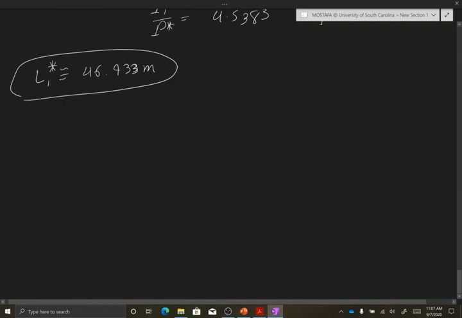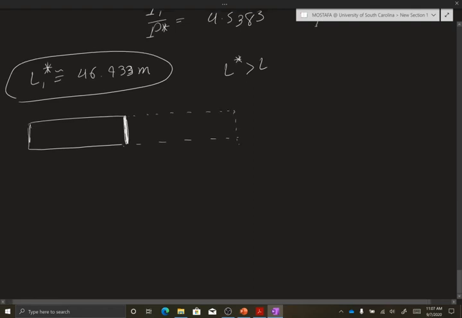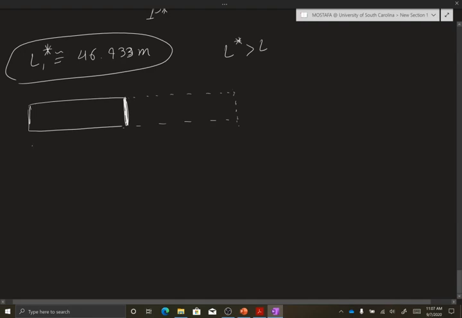We want to find the exit Mach number. So if you recall, what we did was that we assumed to find this. This is your real duct, and this is a case of L star larger than your length, right? So we assume an imaginary duct that starts at the exit of the first one and ends at the choking condition, right? L star, L1.